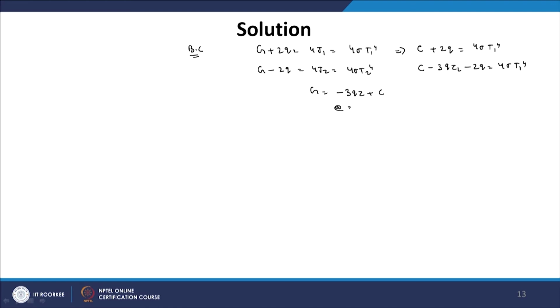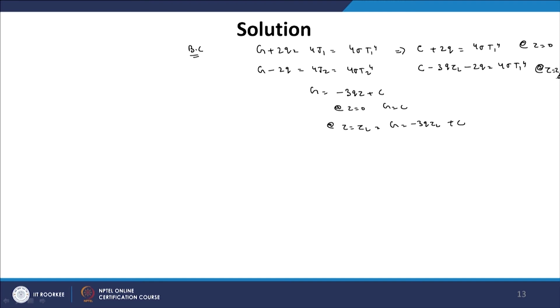So, at tau is equal to 0, g is simply equal to c. So, we have substituted g is equal to c, and at tau is equal to tau L, g is equal to minus 3 q tau L plus c, and that is why we have this at tau is equal to tau L. So, we have written our boundary conditions in terms of q.